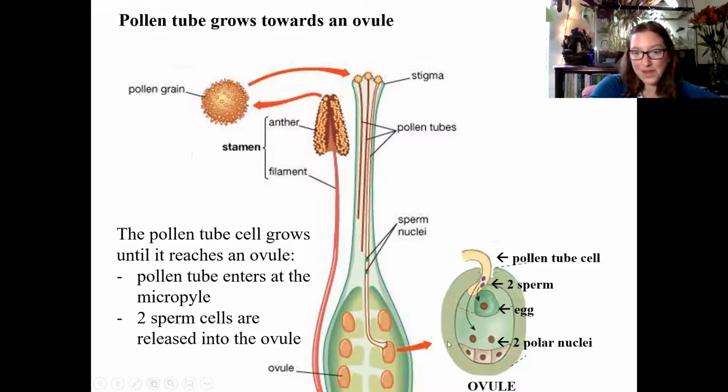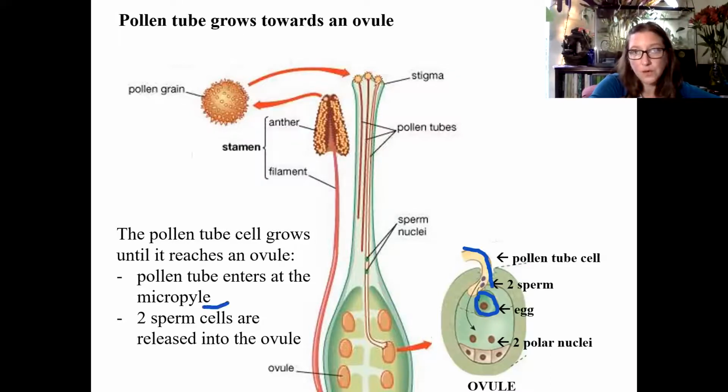So what ends up happening, look, here you go. You have your egg waiting. Here's the egg. Here are your 2 sperm that are starting to come down here via the pollen tube cell. And notice the pollen tube cell entered the ovule via the micropyle hole, right?